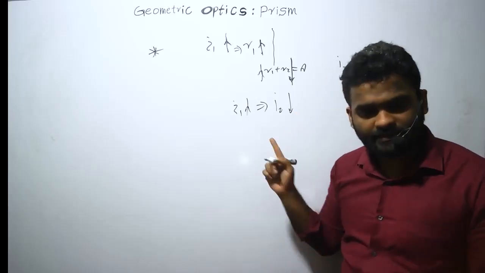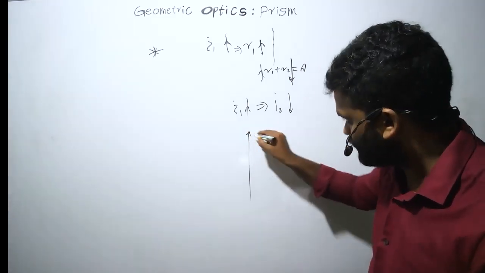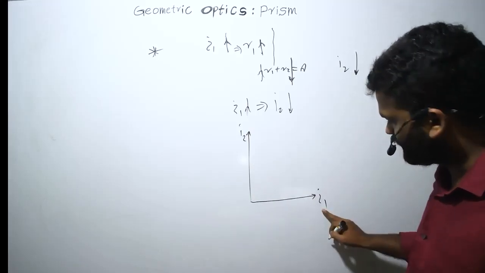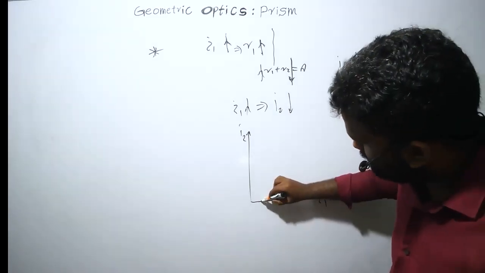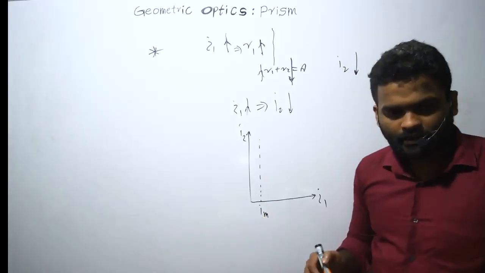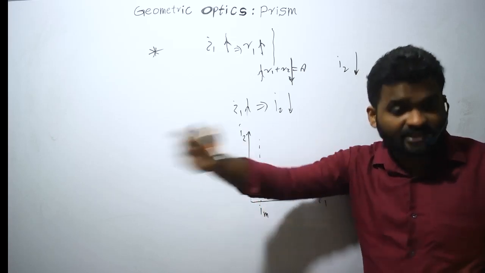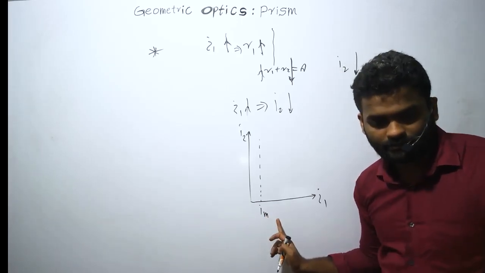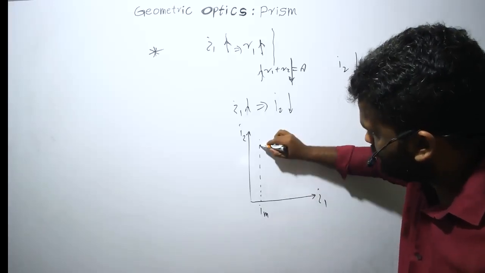So we can draw this in a graph. Take down this graph. If I draw a graph between I2 and I1, what's the minimum angle of I1? That is IM, right? There are smaller angles than IM as well, but here I'm talking about emergent rays. For emergent rays, the minimum angle is IM for I1. We found that earlier. So for that minimum angle, we found a value for I2.